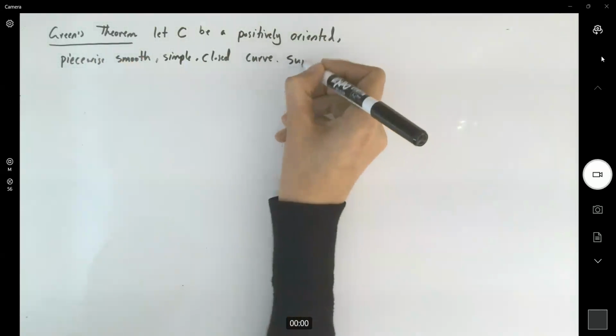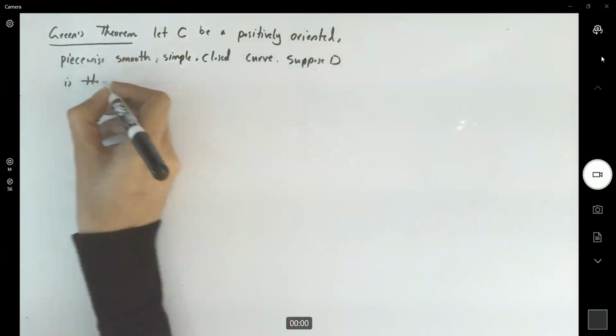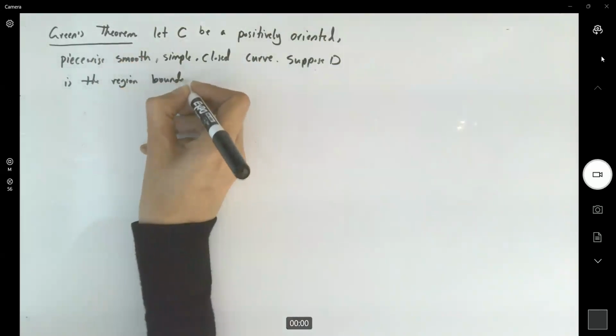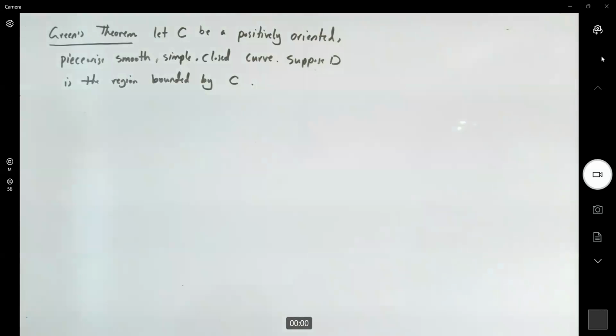Suppose D is the region bounded by this curve C. This is the information that we have so far.